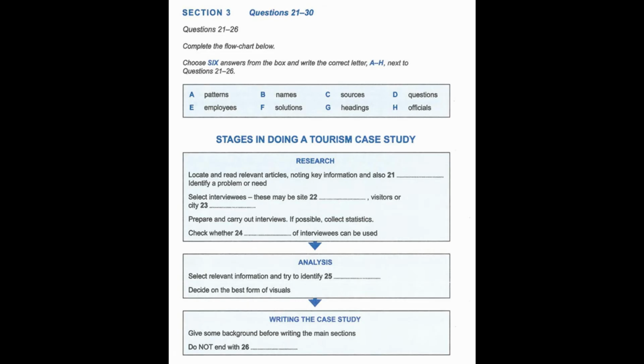Section 3. You will hear two tourism students, called Natalie and Dave, talking about the tourism case study they are doing. First, you have some time to look at questions 21 to 26.